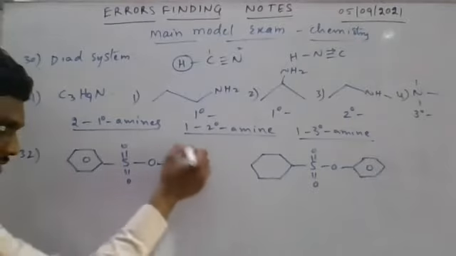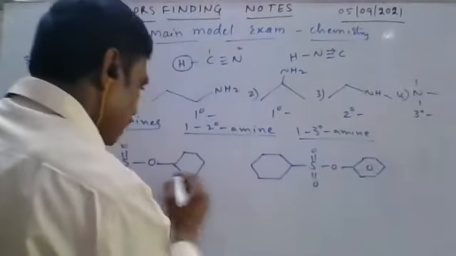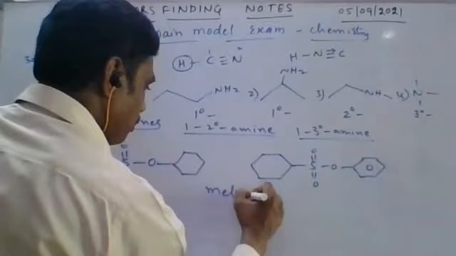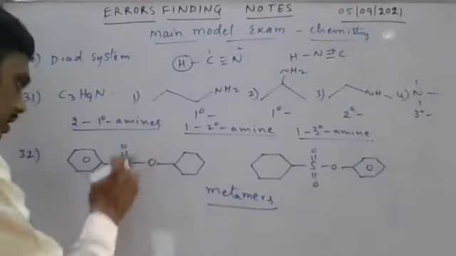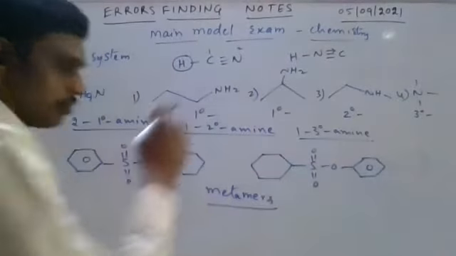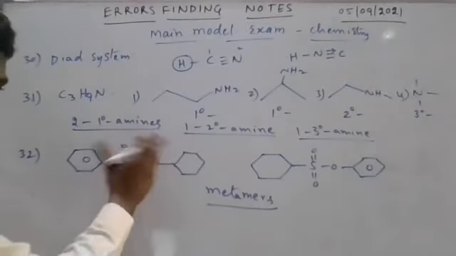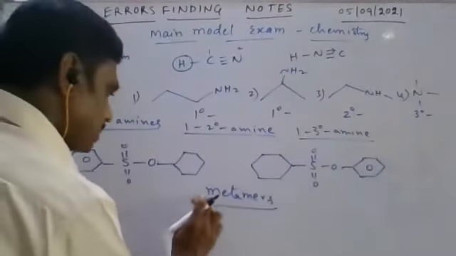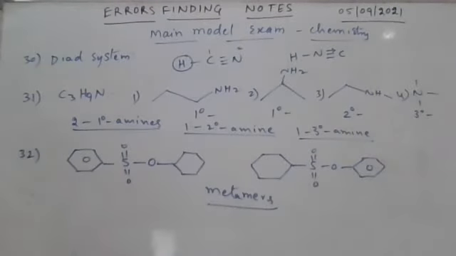Here this oxygen is attached to the cyclohexyl ring. Here this oxygen is attached to the phenyl ring. Nana. These two come under what? Metamers. Nana. Metamers. Here this is a bivalent functional group. Bivalent functional groups. Difference in the attachment of the alkyl groups. That is called metamerism. The compounds are called metamers.